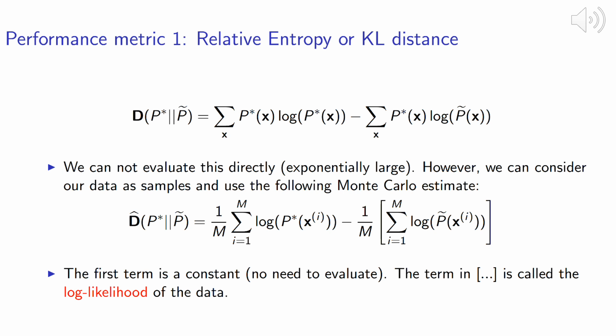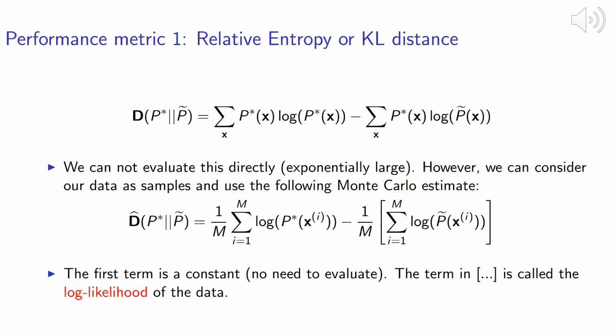The good news again is that even though P star is not known, the first term is always a constant, and therefore we don't need to evaluate it. The second term, which is enclosed in the brackets, is called the log likelihood of data.